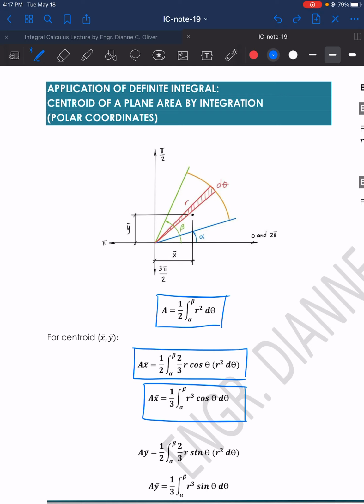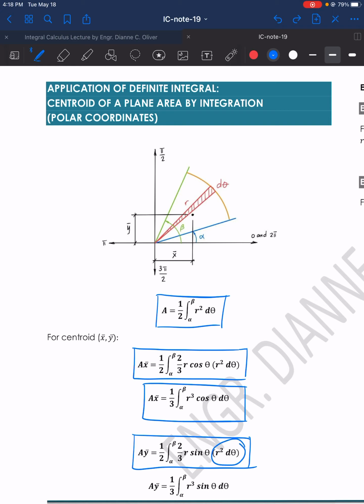Now for the y bar, we have the formula 1/2 integral of 2/3 r sine theta. So this differentiates the x bar from the y bar. For x bar, we have 2/3 r cosine theta, but for y bar, we have 2/3 r sine theta.